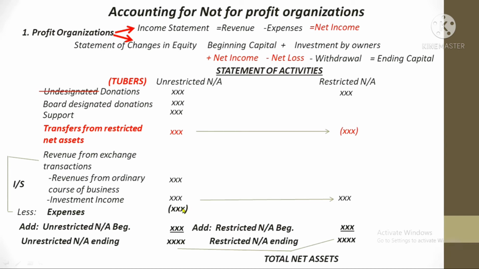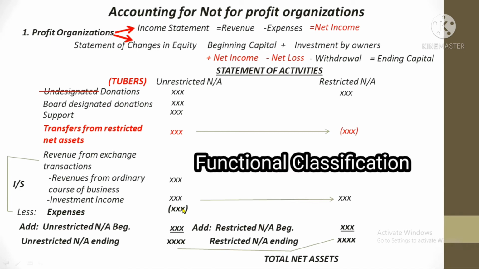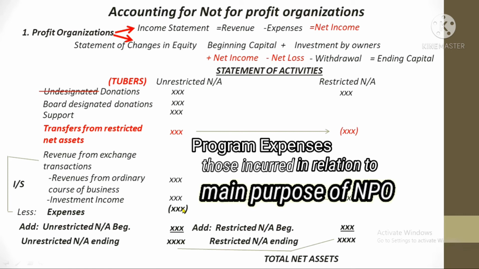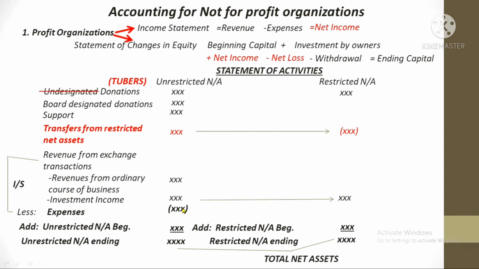The only difference is that an NPO can further classify such expenses to program expenses and supporting activities expenses. I've mentioned this before in the previous episodes, and I told you that this type of classification is called functional classification of expenses. Now, program expenses are those incurred in relation to the purpose or mission of the NPO, while supporting activities expenses are not.